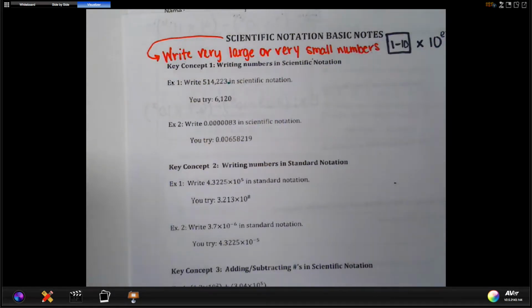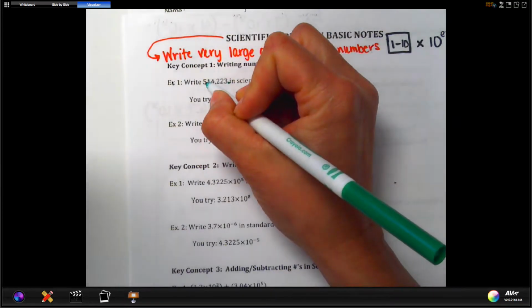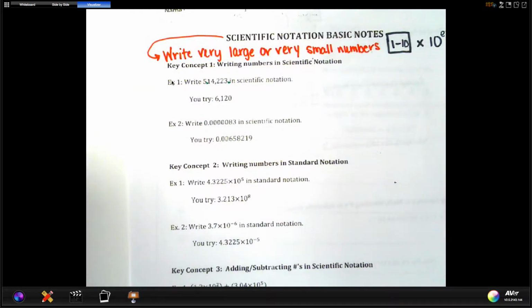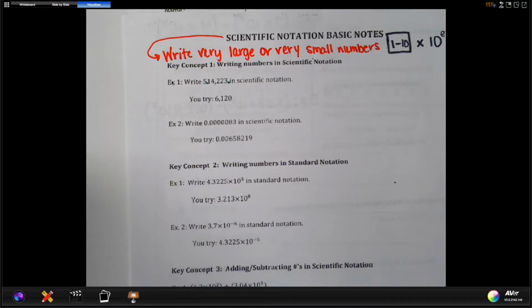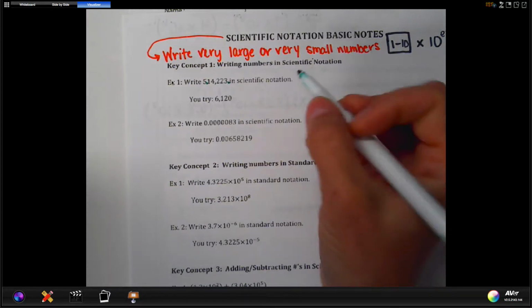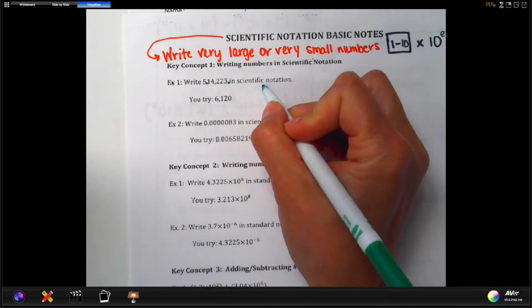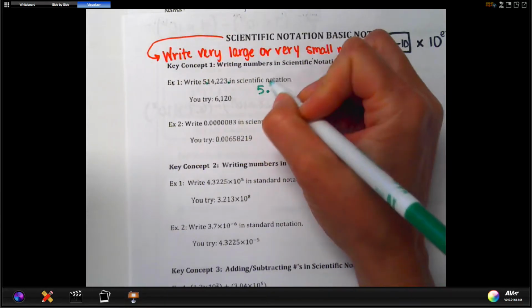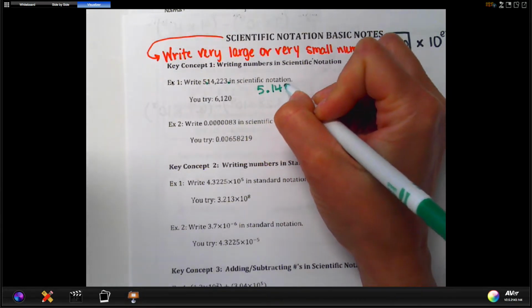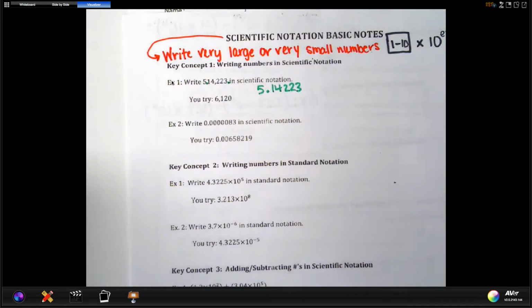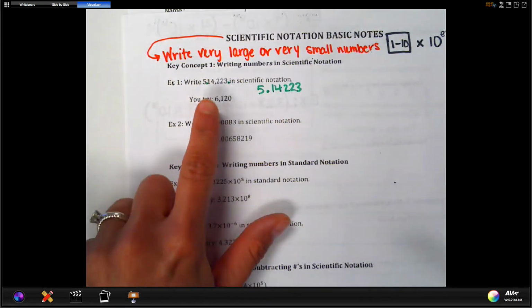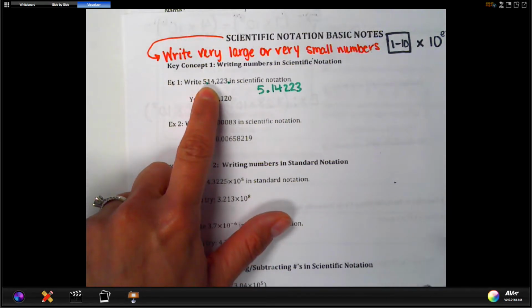And the place we're going to move it is right after the first number, right after the 5. So when I go to write this in scientific notation, my first number will be 5.14223. Same number, only I've moved the decimal so that it is right after the 5.